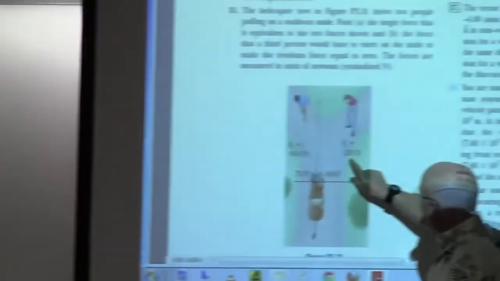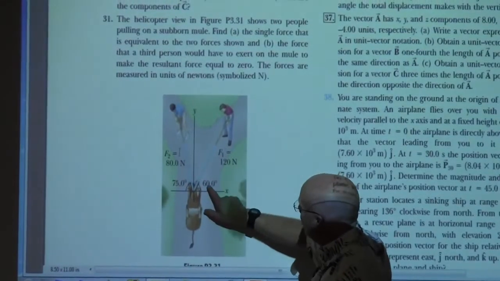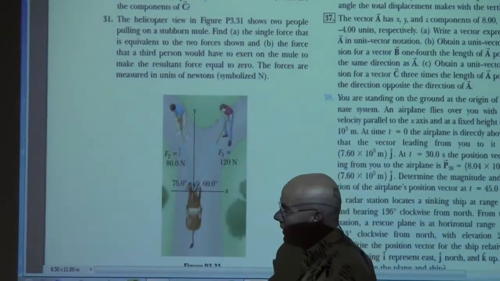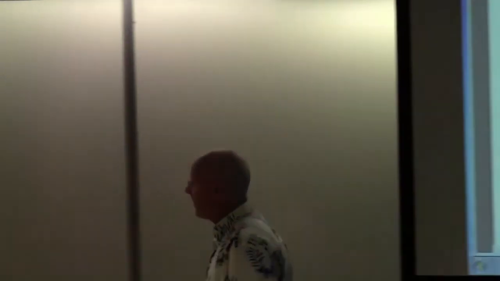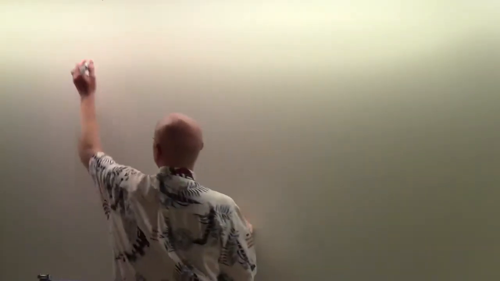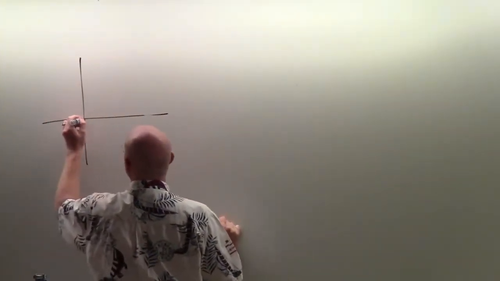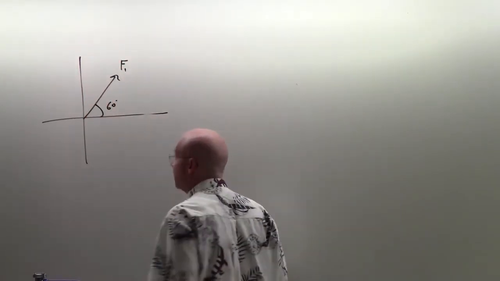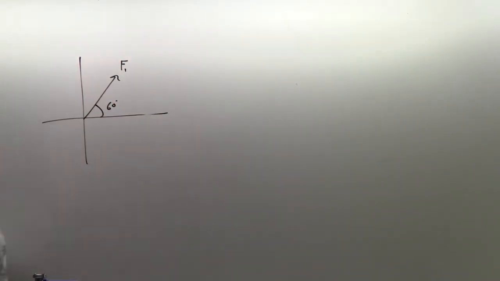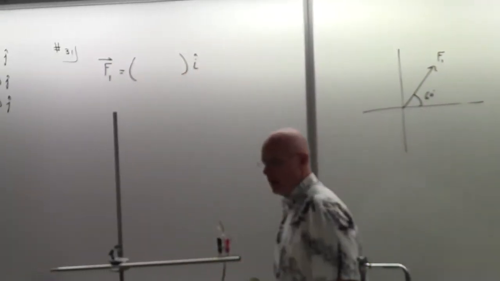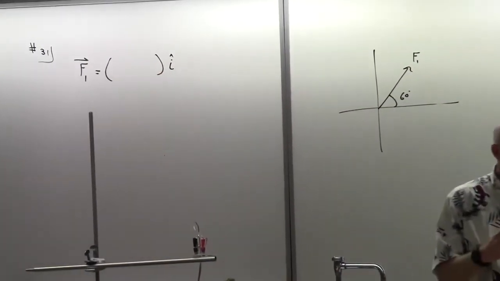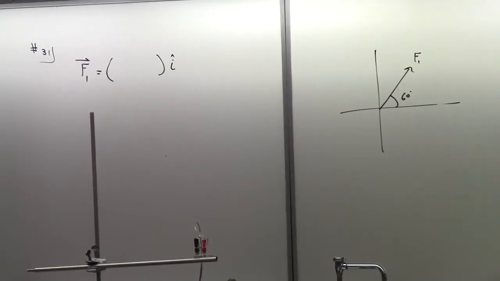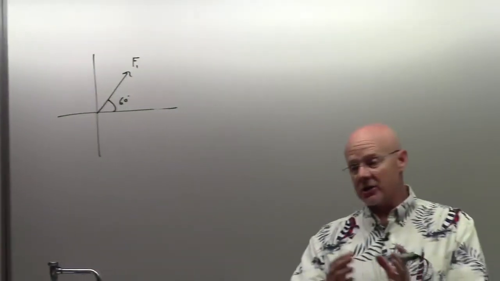Now in the picture they show force number 1 with a magnitude of 120, but it is angled at 60 degrees from the x-axis. And so drawing a picture of force number 1 and putting an angle of 60 degrees, how would I get the i component, the x component? How much of this force is in the x direction?